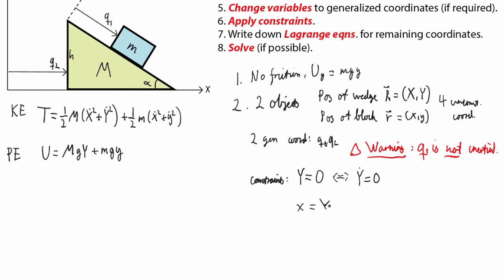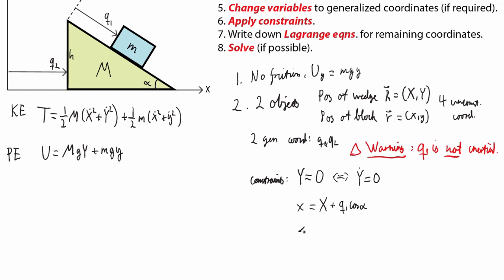So little x is big X, and then I have to add in Q1 cosine alpha. Right, that's the distance in the x direction. So distance from there to there is capital X. Distance from there to there is Q1 times cosine of this angle alpha here.